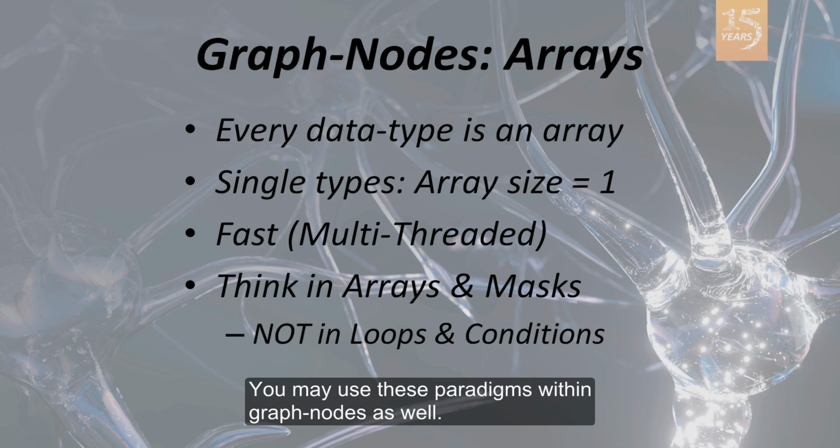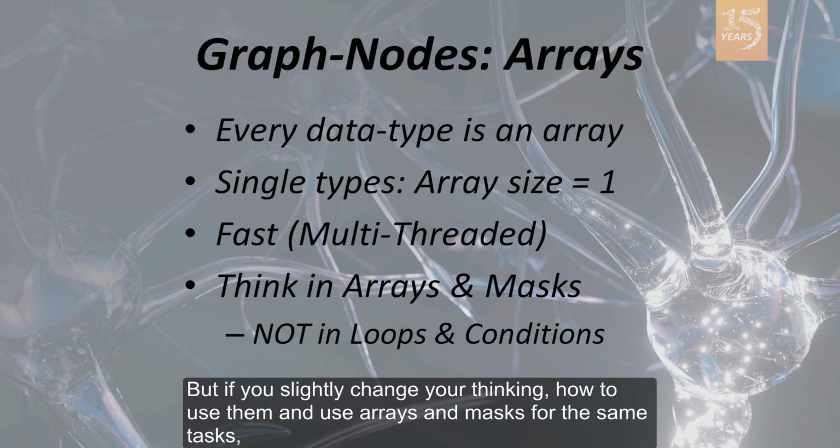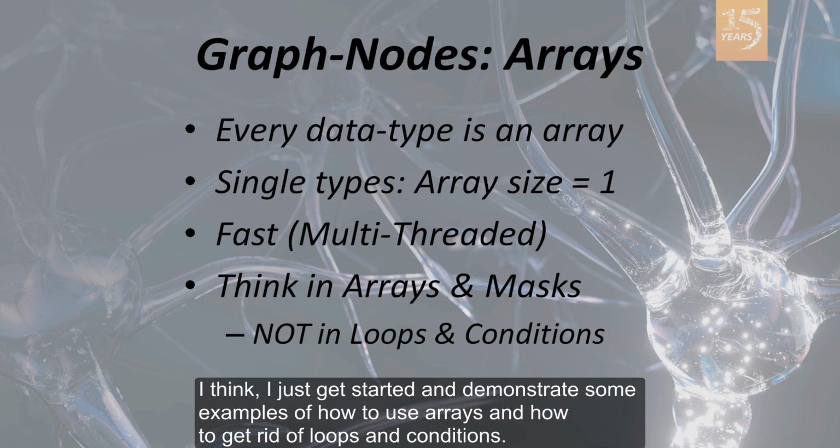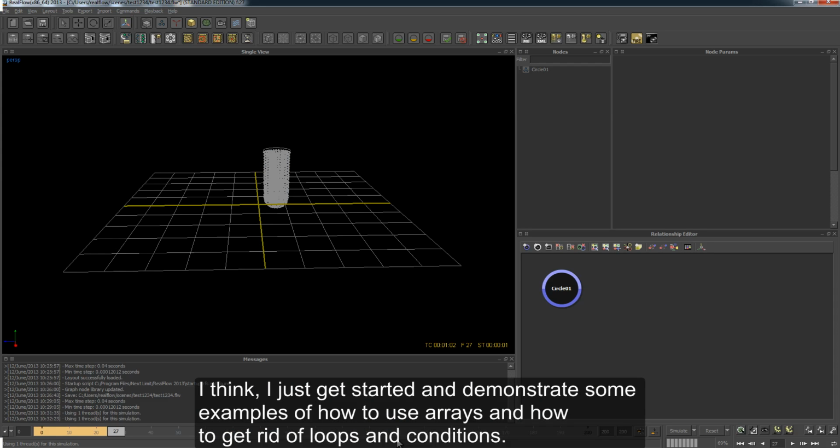You can use these paradigms in graph nodes as well, but if you slightly change your thinking and use arrays and masks for the same tasks, then you can take benefit of the full performance boost within the graph nodes. I will just get started and demonstrate some examples of how to use arrays and how to get rid of loops and conditions to get that performance boost.